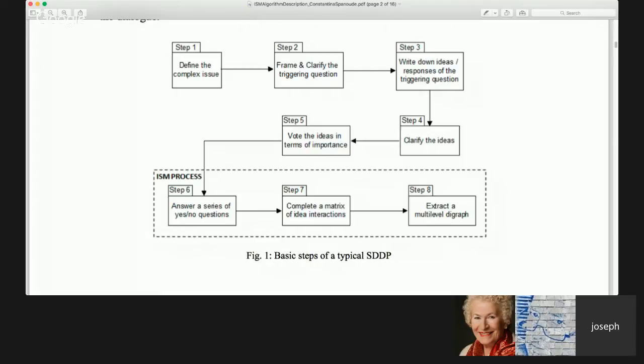What we've been working on is the ISM process with the mathematics and the matrices. So we'll be working with step 6, step 7, and then we've demonstrated ways to extract a multi-level graph using some mathematical software packages.